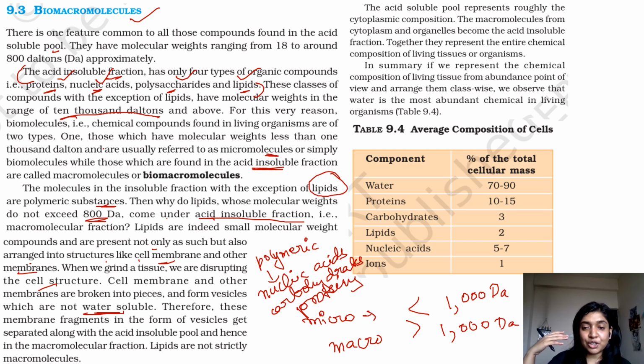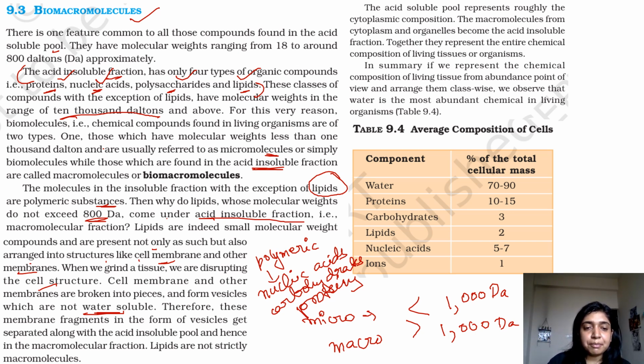So because they're not water soluble, because they're lipids, instead of coming down with the acid soluble part, they remain on the top with the other biomacromolecules. So even though lipids are small in weight and should technically fall under micromolecules, because they do not come down with the acid soluble fraction, that is why they are put under the macromolecule section.